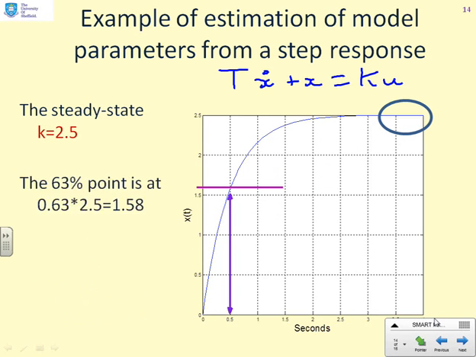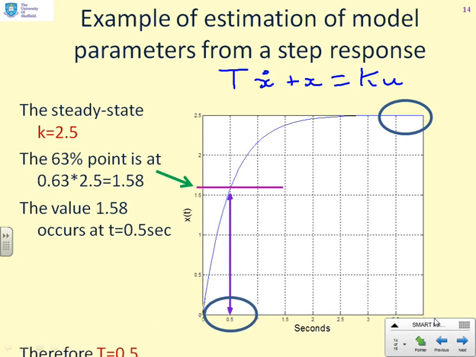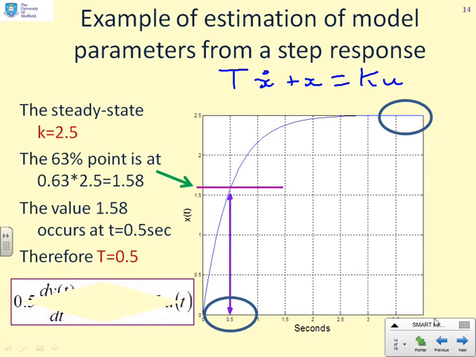You can also see that the 63% point is marked very clearly with this purple line, and that occurs, if we follow the line down, at the time 0.5 seconds. There we go. So that tells you that the time constant, capital T, is 0.5. So there's our differential equation: 0.5 dy/dt plus y of t equals 2.5 u of t.